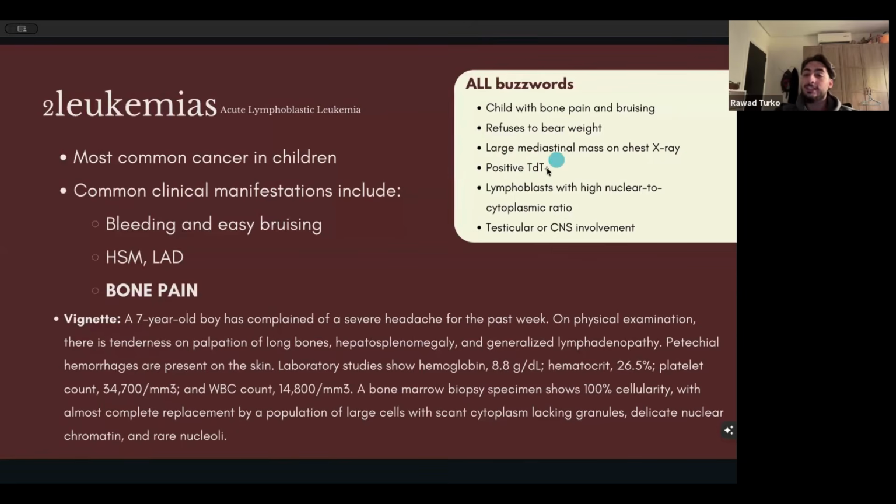Positive TdT. TdT is something that you see in lymphoid precursors. So lymphoblastic cells are going to have TdT. It's a type of DNA polymerase. You just have to know that it's present in lymphoblastic cells. Again, lymphoblasts with high nuclear to cytoplasmic ratio and testicular or CNS involvement.